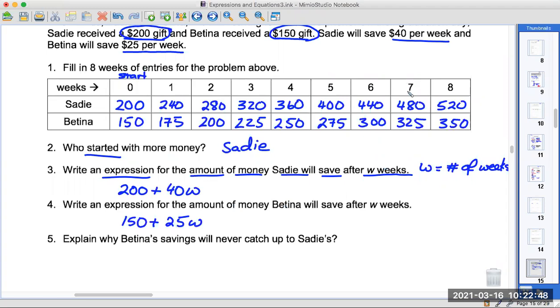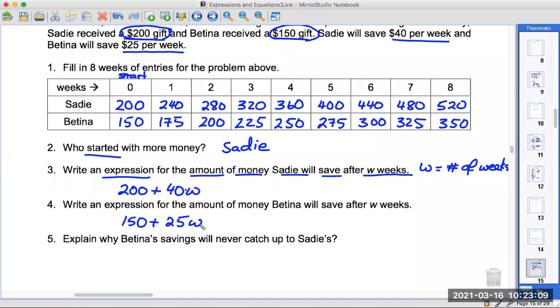No matter what number for the week you substitute here, you will get this answer. It's the same here: number of weeks times the $40 she saves each week, but you have to add that to the $200 she had to begin with.